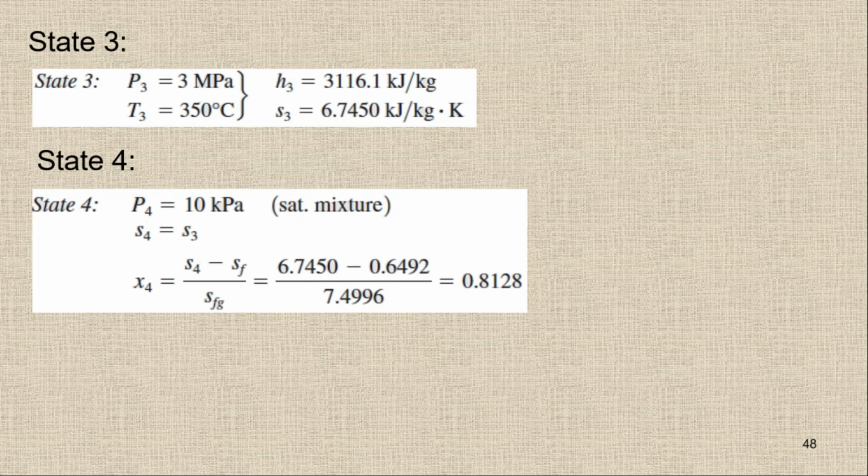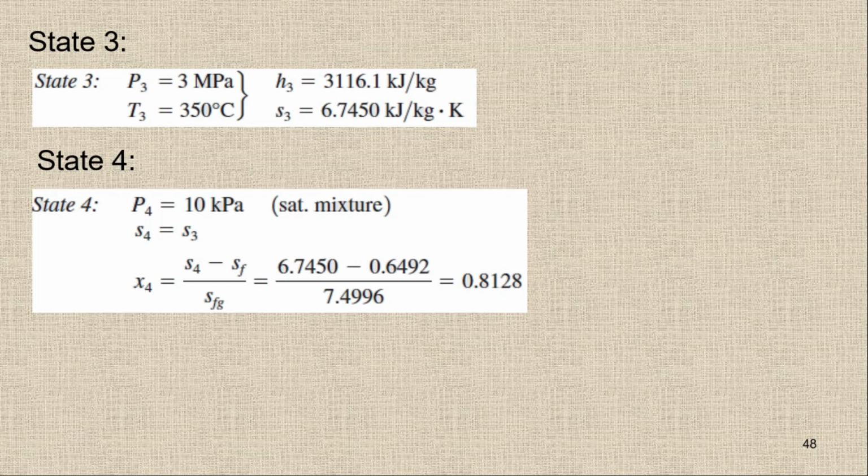We are basically following the same steps as we did in question number 1. So X4 will be S4 minus SF upon SFG. We know the value of S4, which is equal to S3. We know SF and SFG from the table, and we will get a quality value of 0.8128, so around 81.28 percent quality.